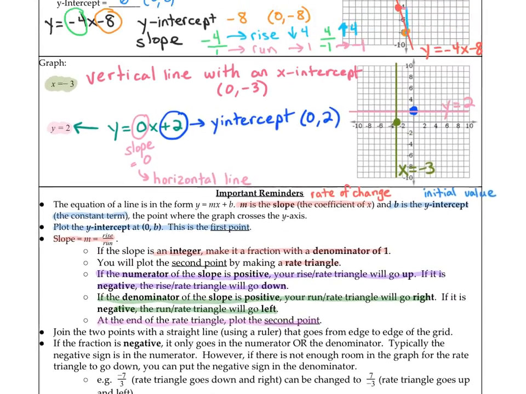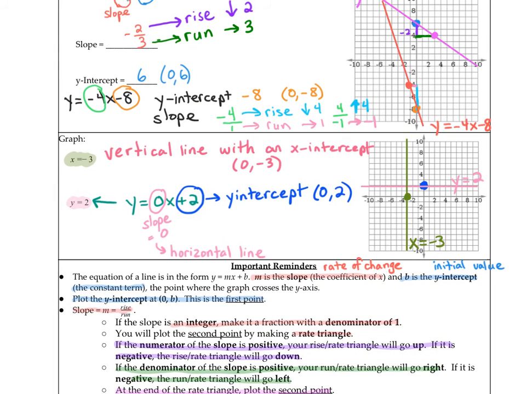So we've gone over a lot here, so just to recap: if the equation just has an x and no y, and it's x equals a number, then it's a vertical line with that number being the x-intercept. If the equation is just y equals a number and there's no x, it is a horizontal line with the number being the y-intercept.